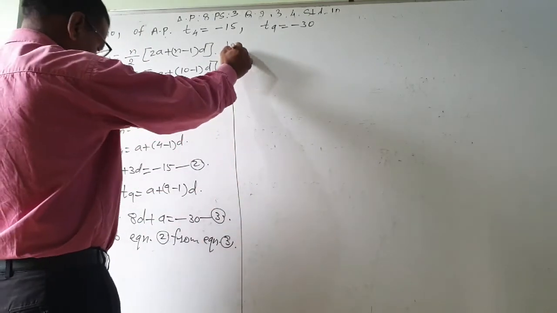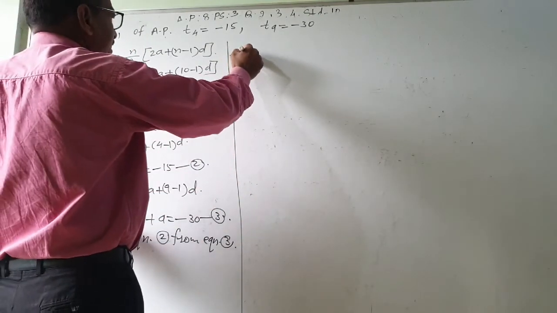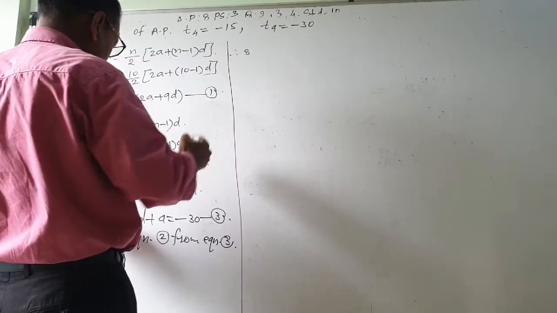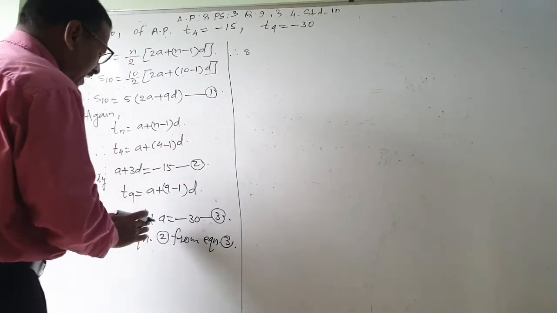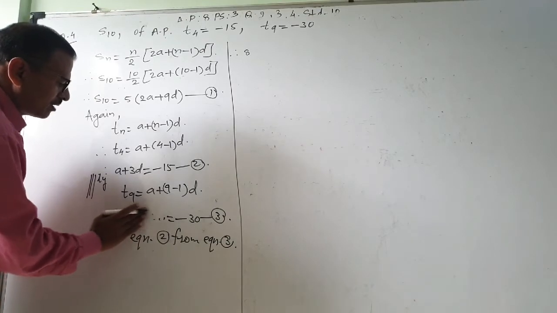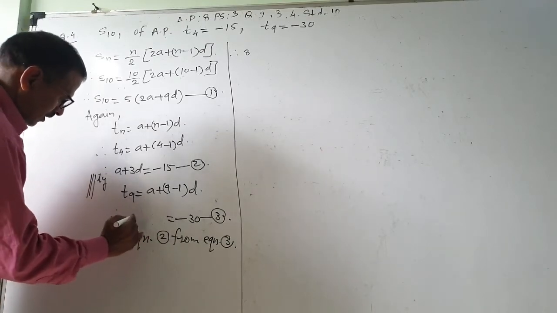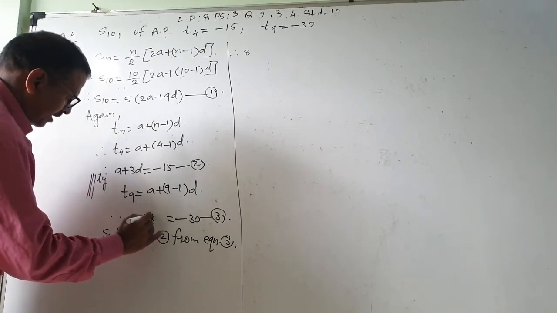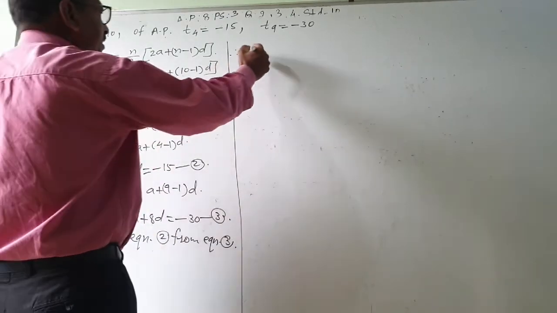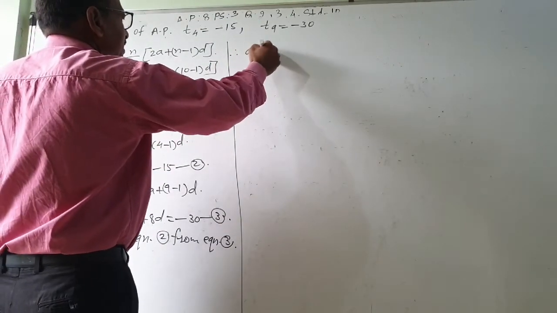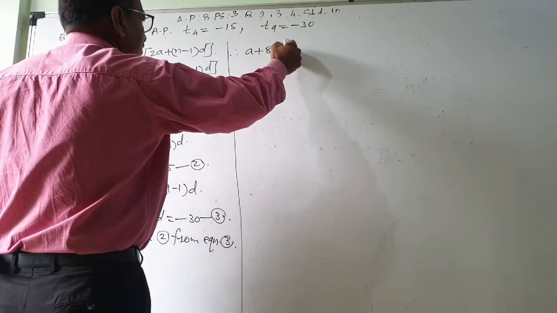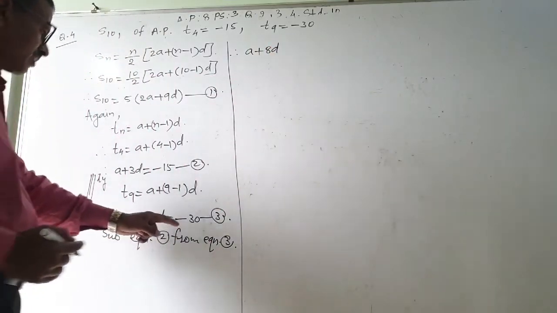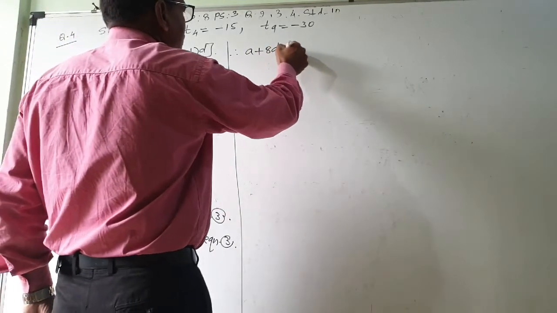Therefore, equation 3 is a plus 8d. I will write it, so this will be better. A plus 8d is equal to minus 30.